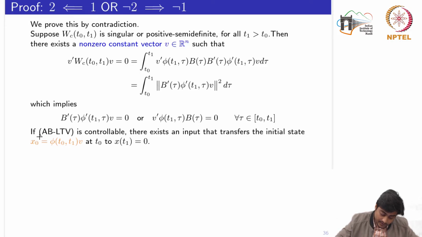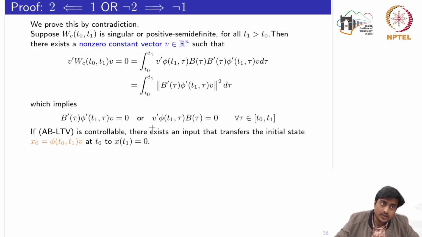Now suppose the system is controllable, then there exists an input that transfers the initial state x0, which is specified here, at t0 to x at t1 equal to 0. So the idea here is we had been given that the matrix is a singular matrix, and now we came to one result.